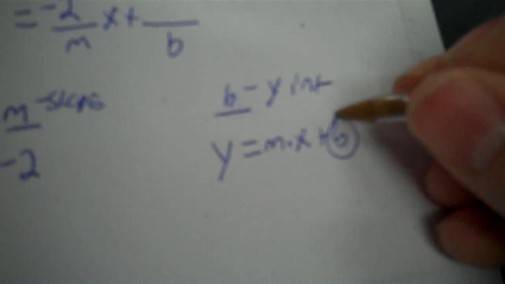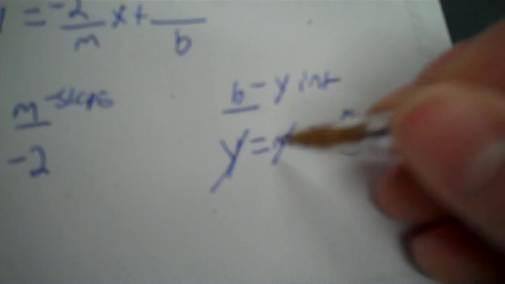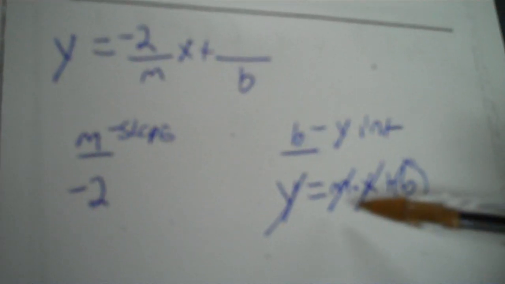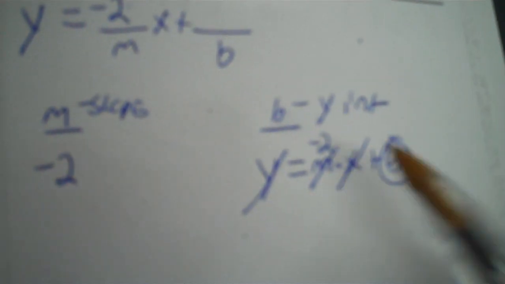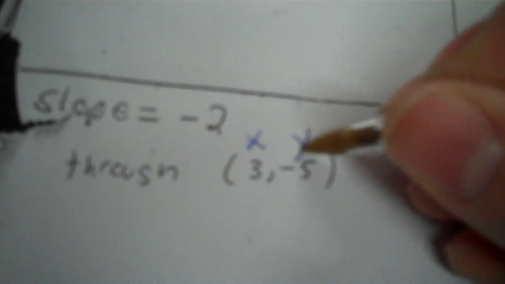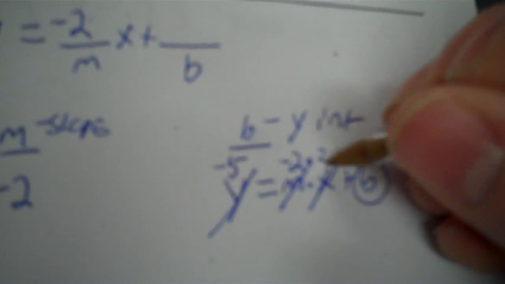Then we will need to solve for b, so I cross out the y, the m, and the x. Now my m is my slope, that's going to be -2. Now the y and x are replaced with this coordinate point, because that's a solution of the line, okay? So -5 is going to replace the y, and then 3 is going to replace the x.